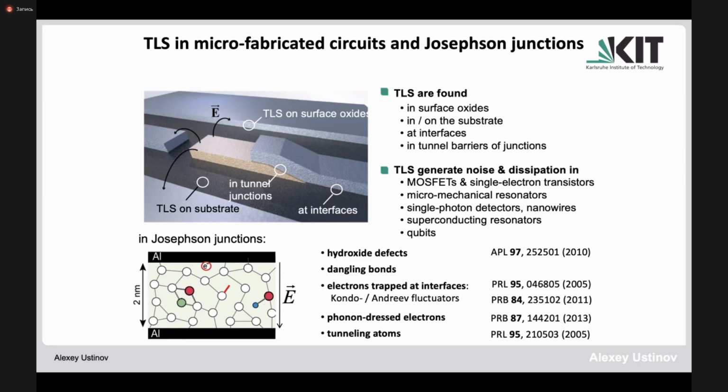And they generate noise and dissipation not only in superconducting qubits, but also in other small-scale electronic devices like transistors, like nanomechanical and micromechanical resonators. They're important for single photon detectors, for superconducting resonators, and so forth.